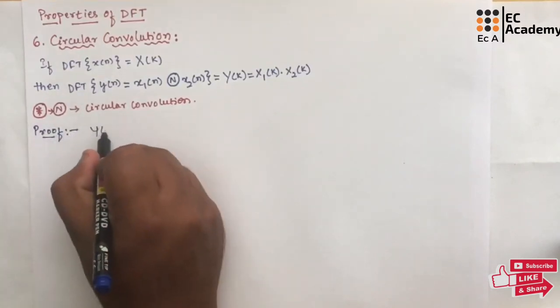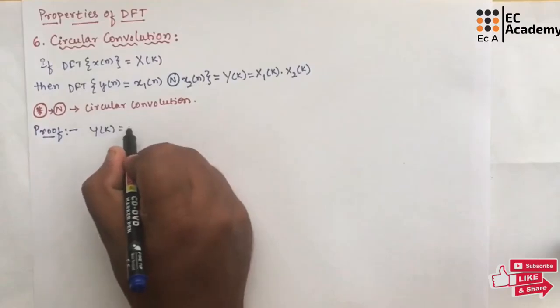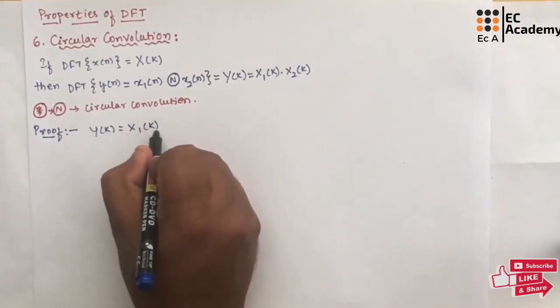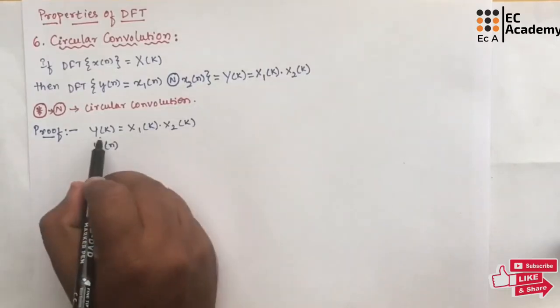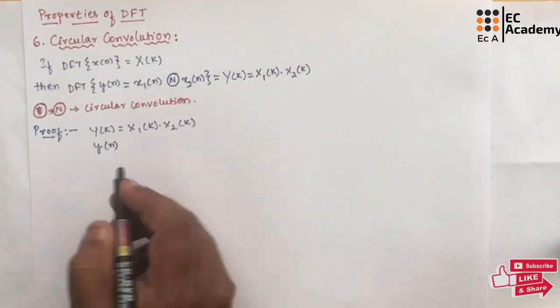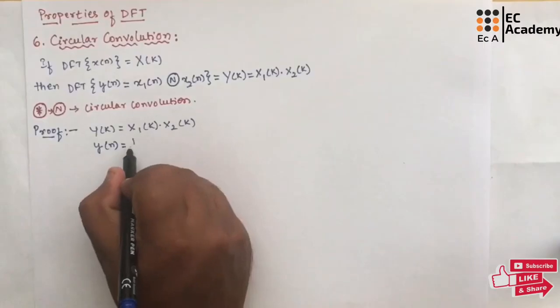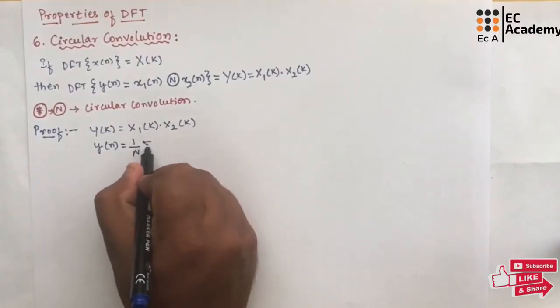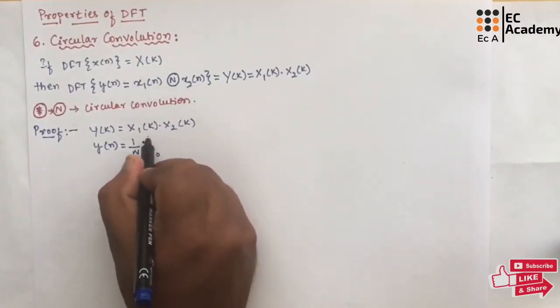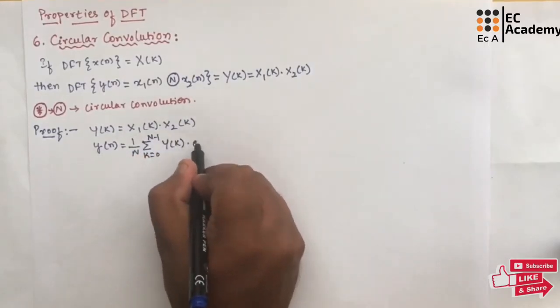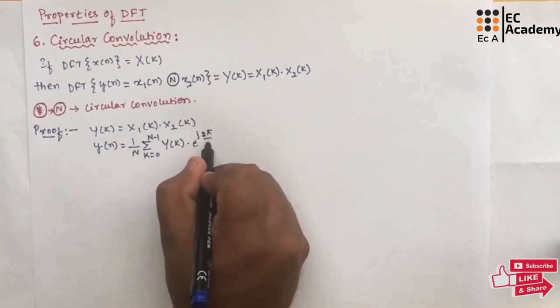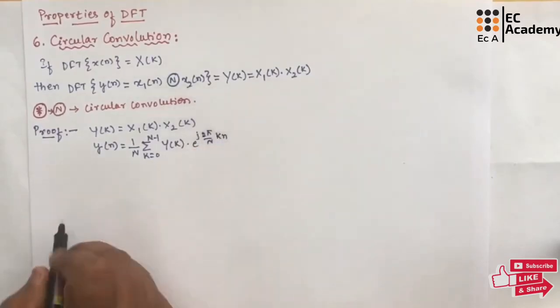Let us take y of k, that will be written as x1 of k into x2 of k. IDFT of y of k, we can write it as y of n, that can be written as 1 by n summation of k is equal to 0 to n minus 1 y of k into e to the power of j 2 pi by n into k n.